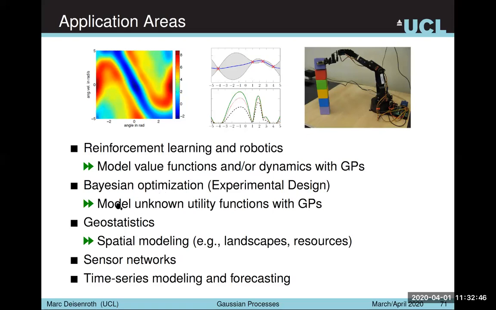The idea is to model the unknown utility function with GPs. In this example, maybe you train a deep network with one particular learning rate, you wait for a week, and then you do some cross-validation to assess the generalization properties of the neural network.